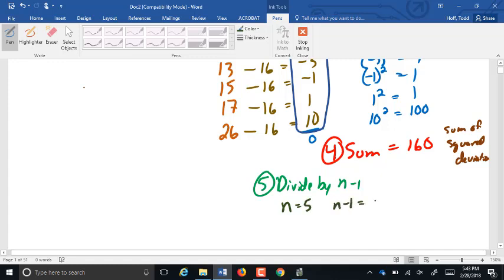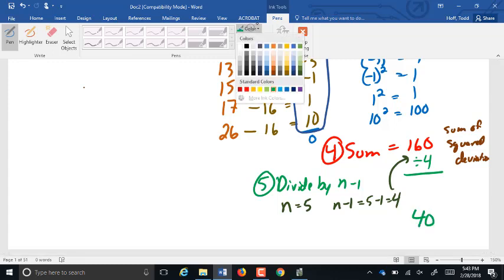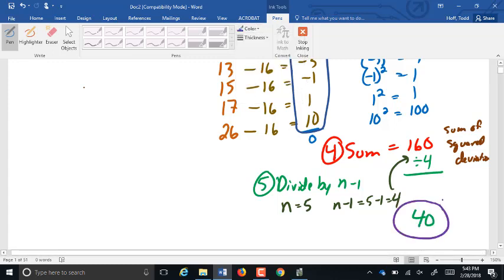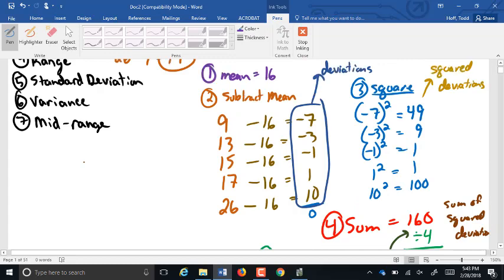So n minus 1 is 5 minus 1, or 4, which means we divide by 4. Gives us 40. 40 also has a name. That is the variance, which you might notice is what we're asked to find in number 6.